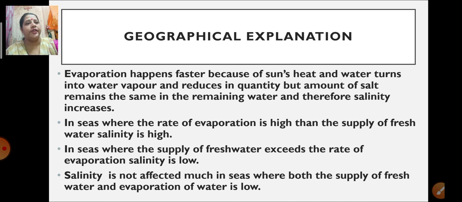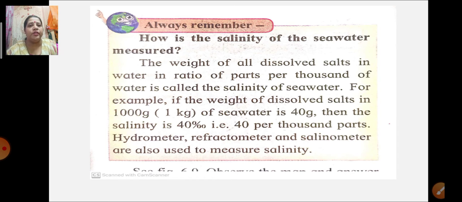Let's continue. Now we are going to see how the salinity of sea water is measured. The weight of all dissolved salts in water, in the ratio of parts per thousand of water, is called the salinity of seawater.